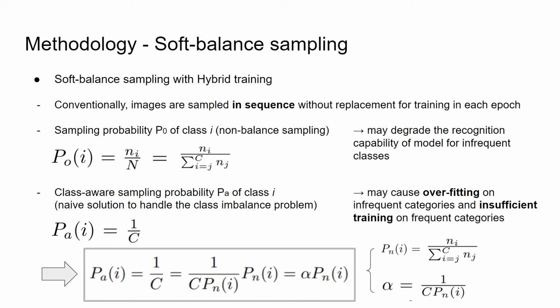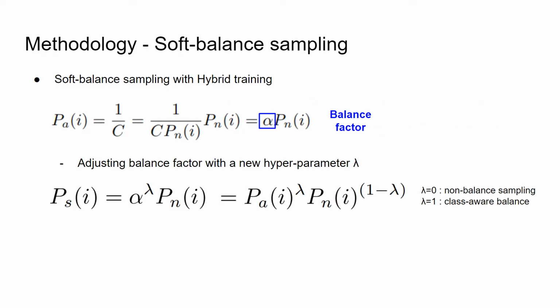So from the two equations, we can rewrite P_A like this, and alpha can be a balance factor here. So the authors suggest the balance factor with a new hyperparameter lambda. The lambda is 0 in the case of non-balance sampling and will be 1 for the case of class-aware balance.